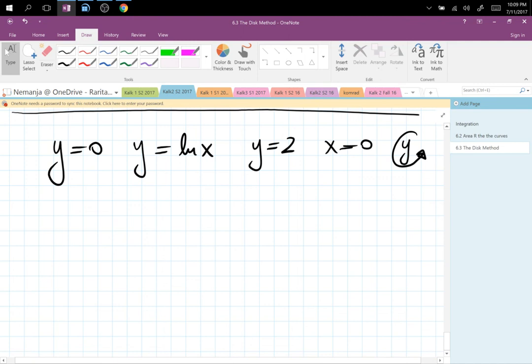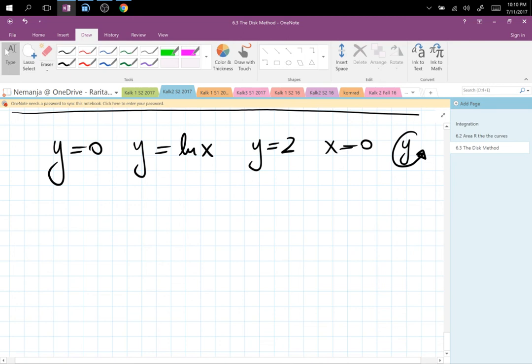But you can't multiply the ln of y term in there.